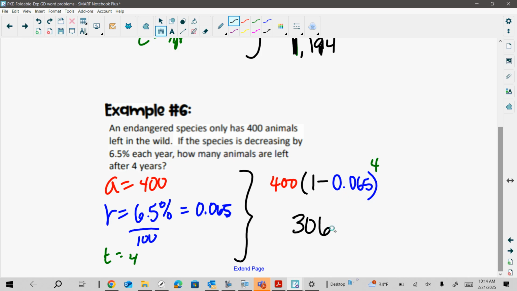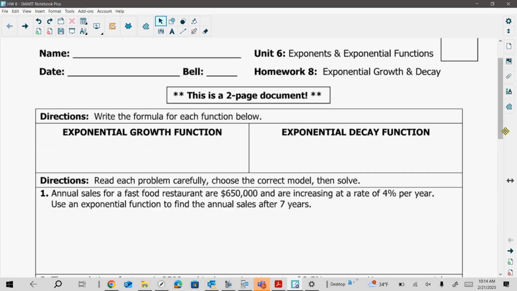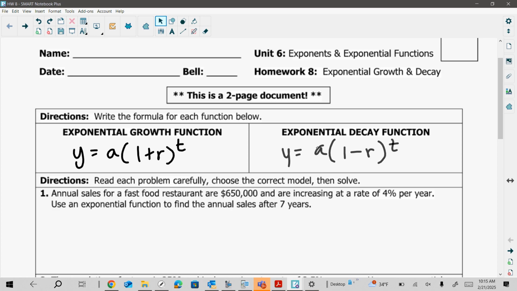So what you have next is this worksheet over exponential growth and decay with word problems. It is a 2-page document. Just a reminder, your growth is the following formula: Y equals A parentheses 1 plus R, close the parentheses, raised to the power of T. For exponential decay, the only difference is now you're doing subtraction inside the parentheses.